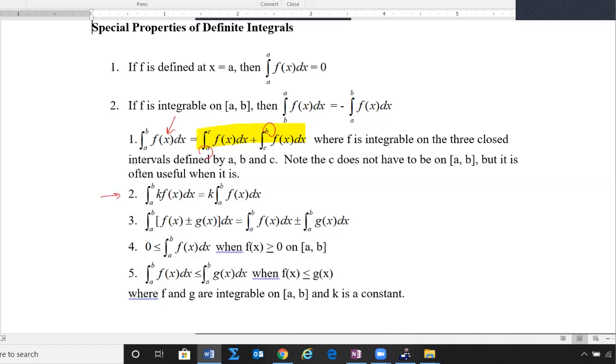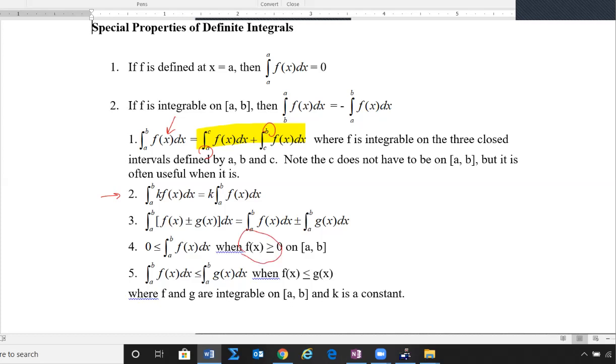If you have a constant k times a function, all it does is multiply k times that definite integral. If you have the sum of 2 functions, you can break them into the sum of 2 definite integrals. Your integral will be greater than or equal to 0 as long as f of x is greater than or equal to 0.